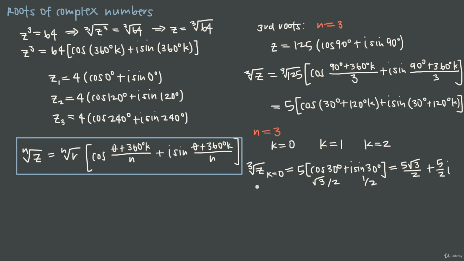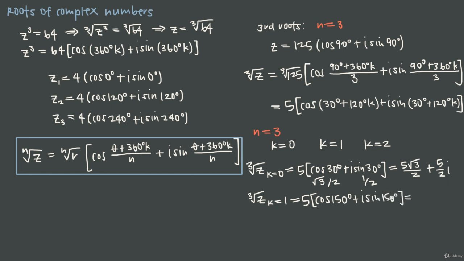I can find the third root associated with k equals 1. The third root of z associated with k equals 1 is going to be equal to, again plugging into this expression here, 5 times cosine, here I plug in k equals 1, 1 times 120 is 120, plus 30 is 150, so cosine of 150 degrees plus i sine of 150 degrees.